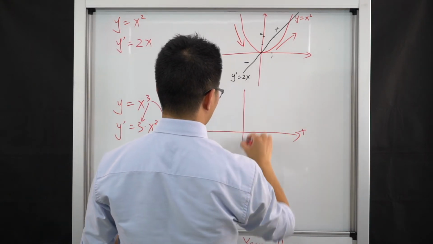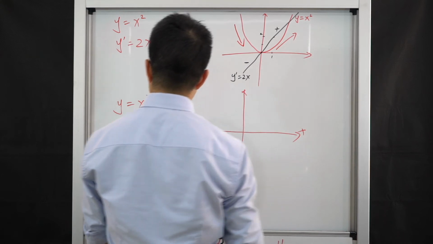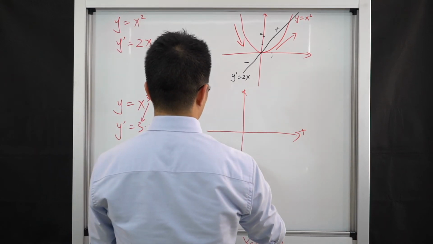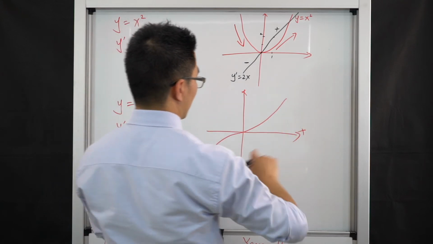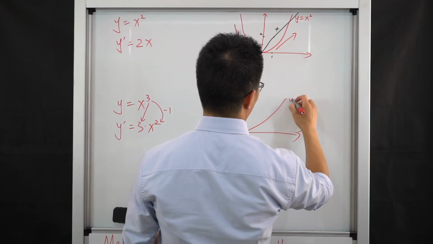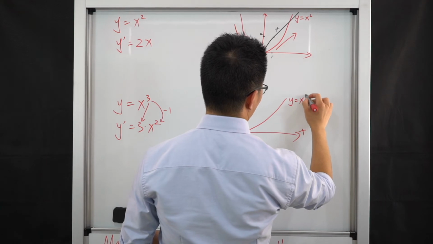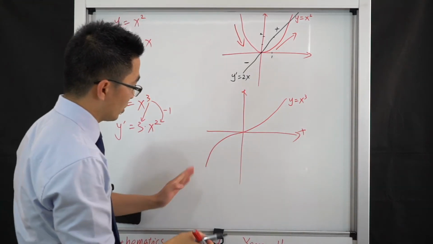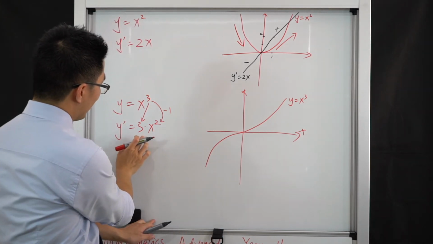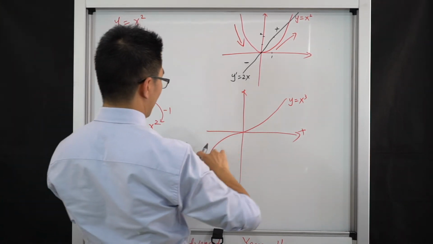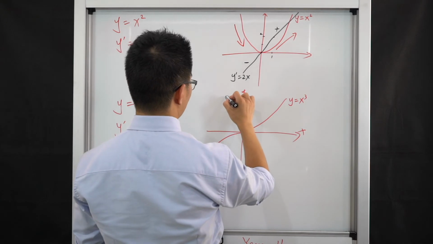This one, x cubed. So this one would be y equal to x to the power of 3. Okay, so this one will be a keep increasing function. The y dash, 3 times x squared, would be a parabola function.